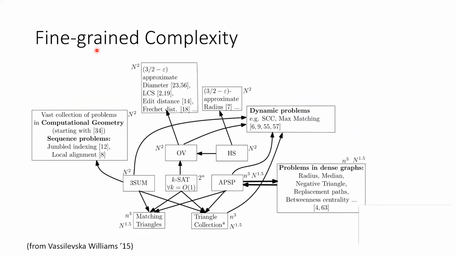Now let's look at fine-grained complexity. In fine-grained complexity, there are several central problems which are conjectured to be hard, such as 3SUM, orthogonal vectors, and all pairs shortest path. Based on these hardness assumptions, we can use fine-grained reductions to show conditional hardness of many other problems.